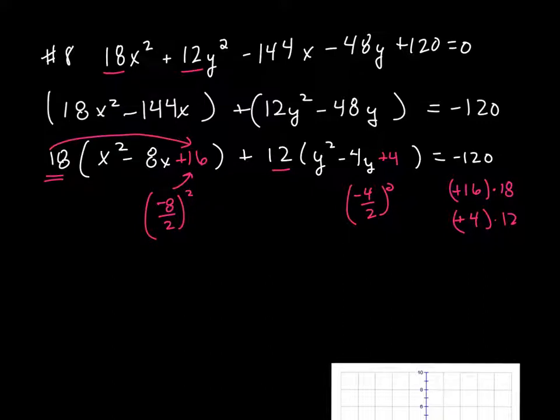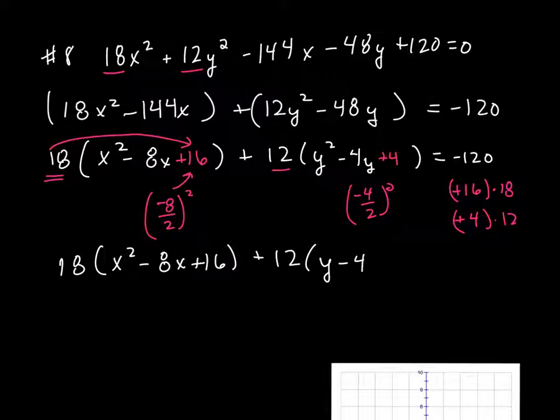I have 18 times x squared minus 8x plus 16, plus 12 times y squared minus 4y plus 4. And all of this, if you add it all up, is going to equal 216.